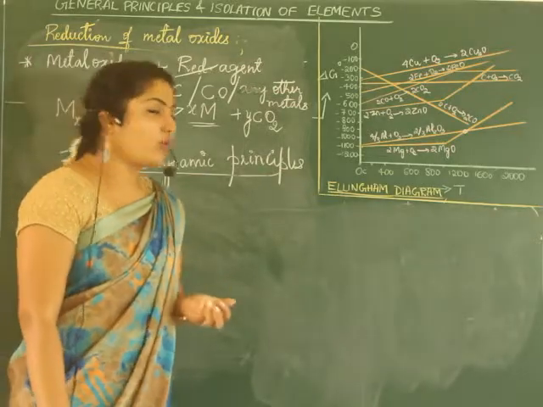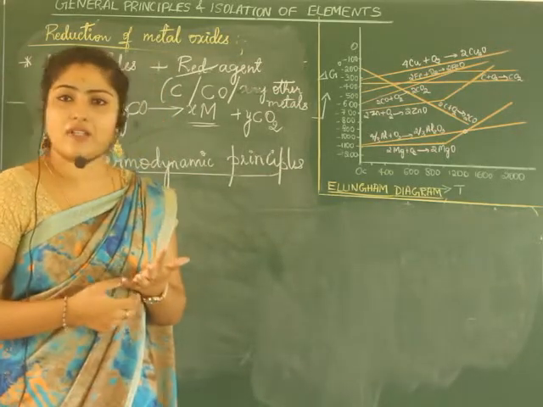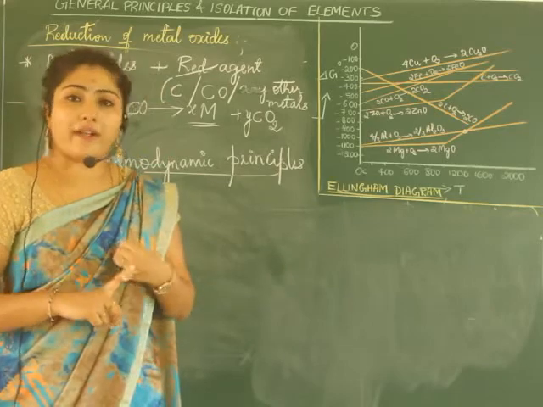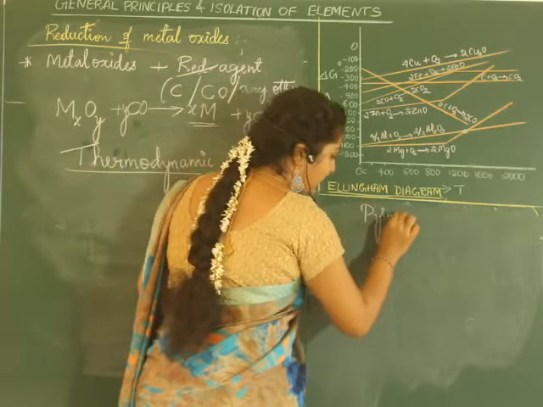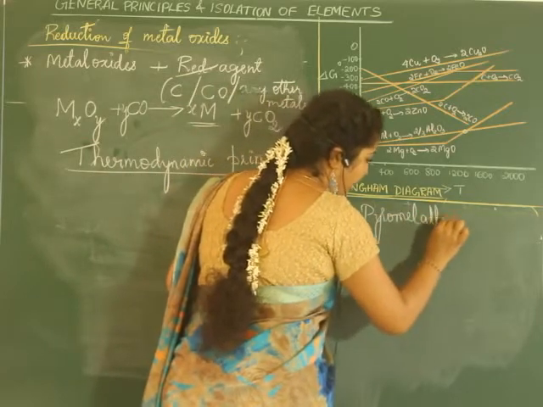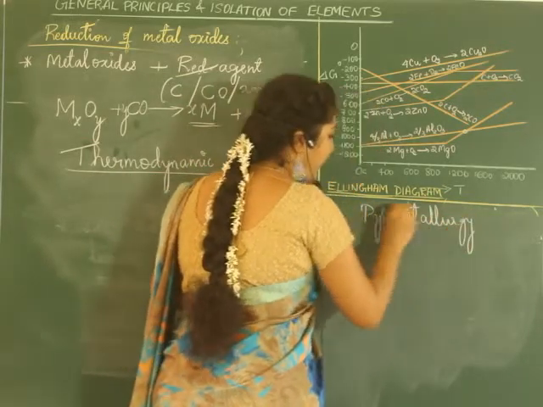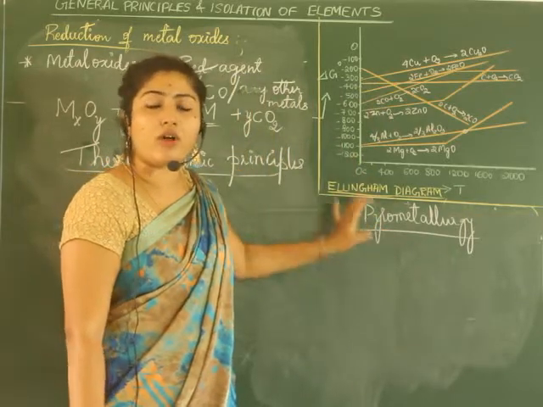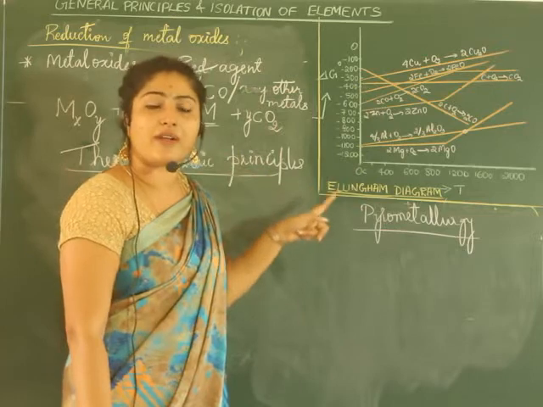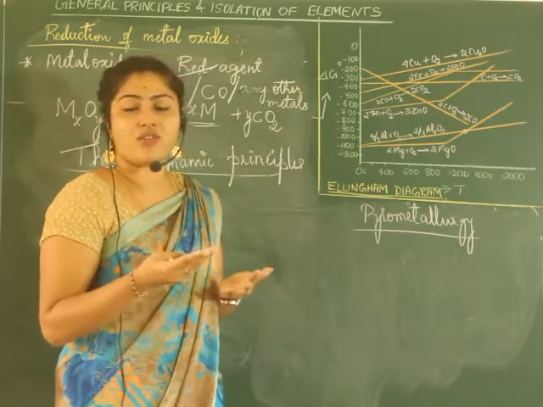Before this, let us know there are different branches of metallurgy. One is pyrometallurgy. In pyrometallurgy, we will know the temperature conditions for thermal reduction. Thermal reduction takes temperature as the base.